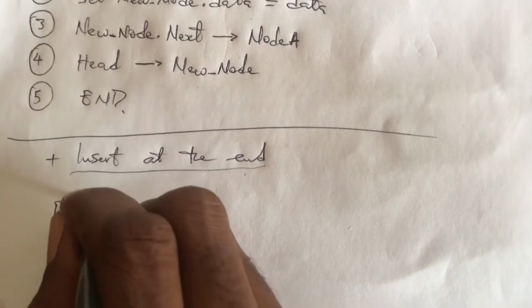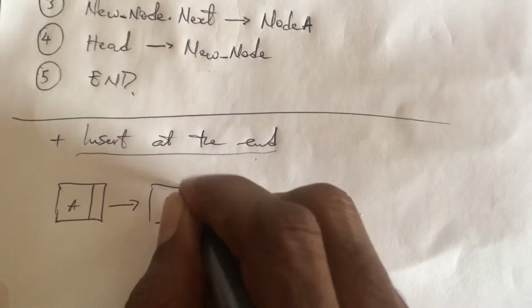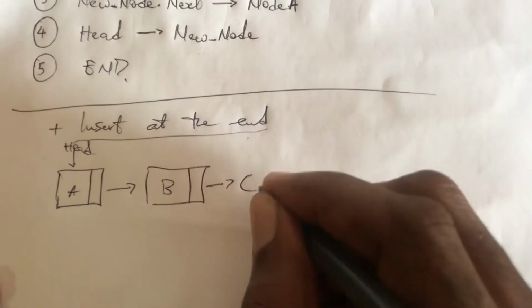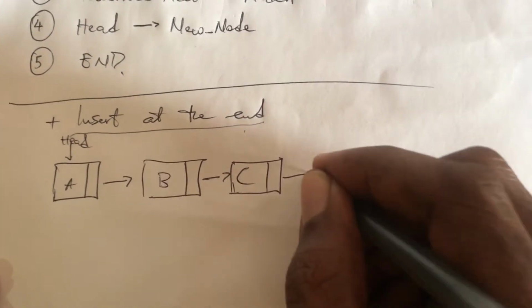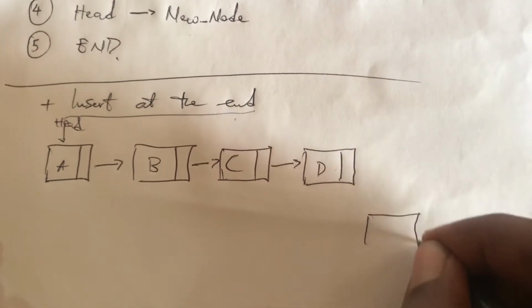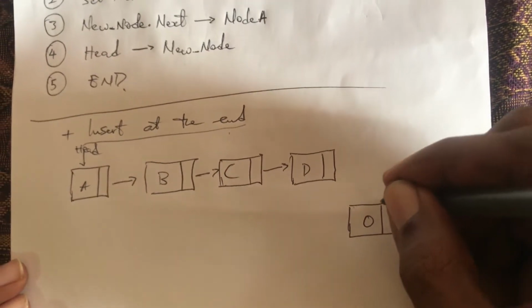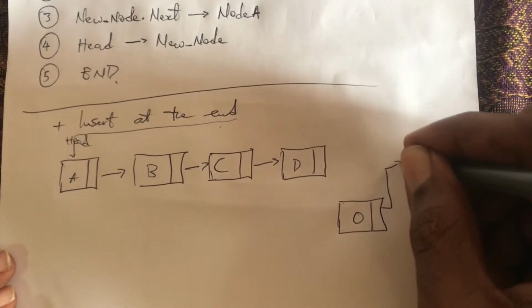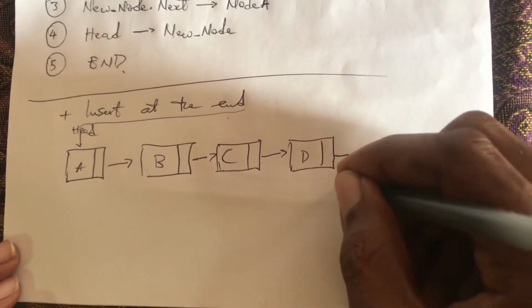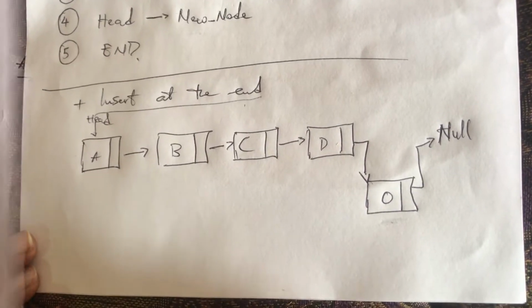So inserting at the end, we'll just get our A here, which is the head, points to B, points to C, points to D. Then our O over here, assume we want to insert O. O right now will point to null, then D points to O, then O becomes the tail.